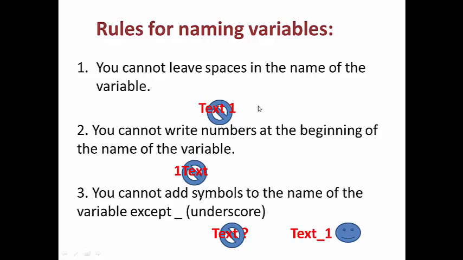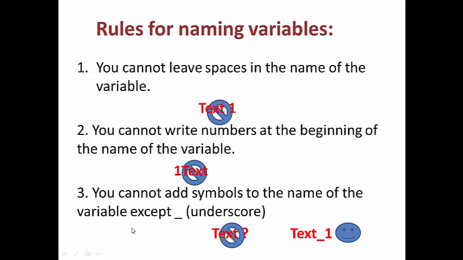Okay, you have to put together text 1, not text space 1. You cannot leave spaces. Second, you cannot write numbers at the beginning of the name of the variable. So you cannot have something like 1 text. You can have numbers at the end, but not at the beginning.